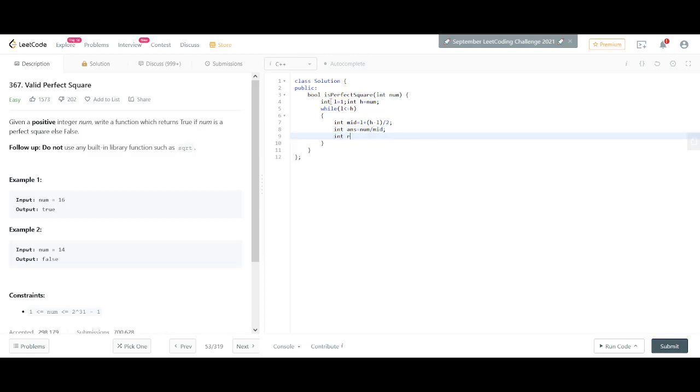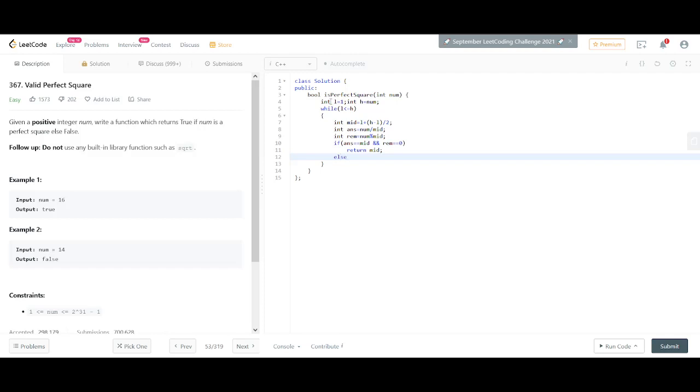And int remainder equals num modulo mid value. If the answer is equal to the mid value and the remainder is equal to 0, we can clearly say that this is our number and we can return true.